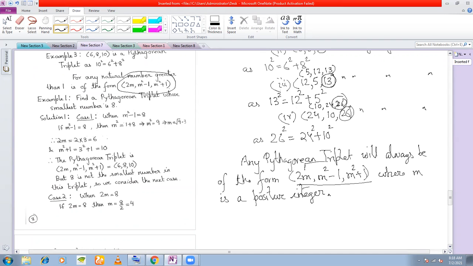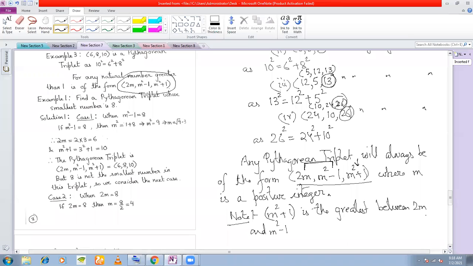Now remember, you can write any of the two first here. You can write m square minus 1 first, then 2m, but m square plus 1 will always be the highest number. So note here that m square plus 1 is the greatest among the two numbers 2m and m square minus 1.